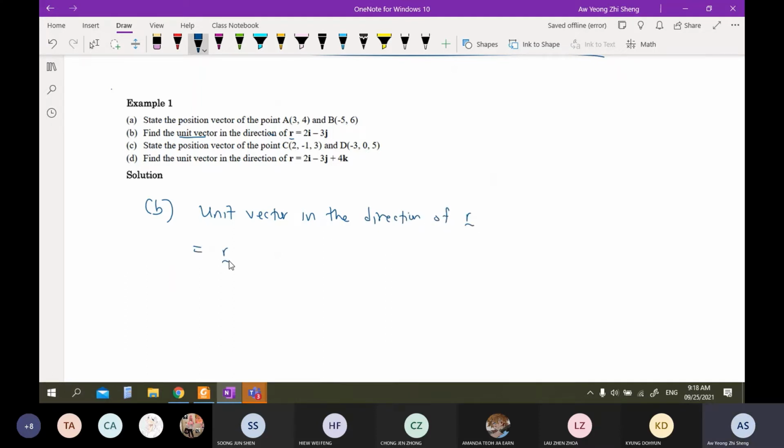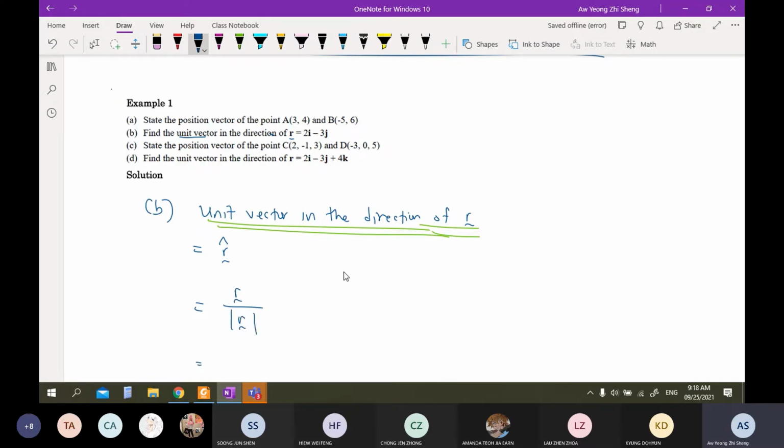The notation is r hat. If you mention r hat, then it's okay not to mention the phrase I underlined in green, because they bring the same meaning. So r hat, the formula is the vector r divided by its own length.